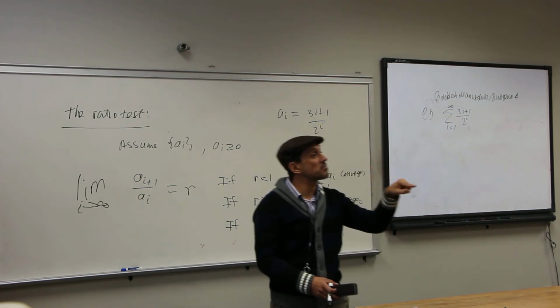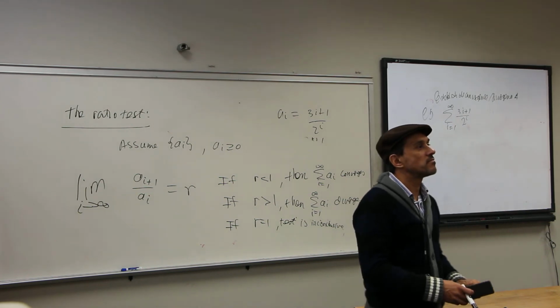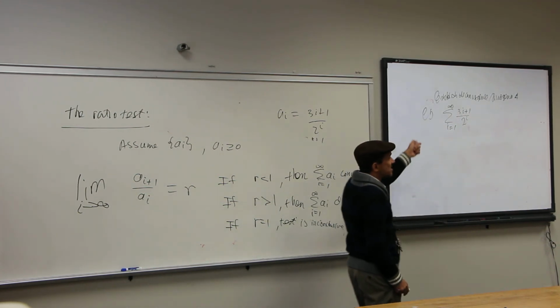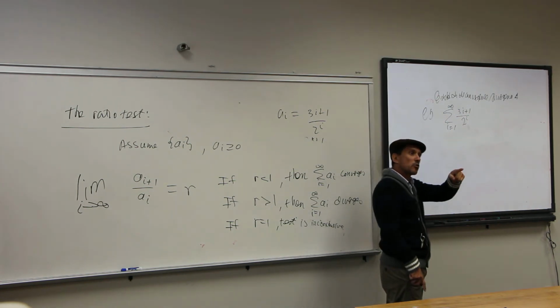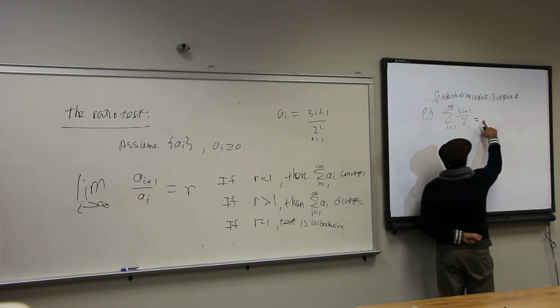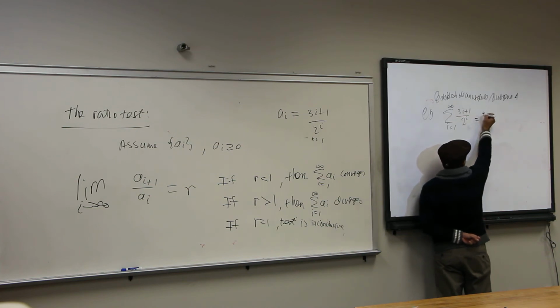The question now becomes, there's no test, is it fast enough? And the answer is yes. Now, most certainly, this is not a geometric series. Let me convince Mr. Harris. First term, Mr. Harris: 3 plus 1 over 2 to the first, 4 over 2.